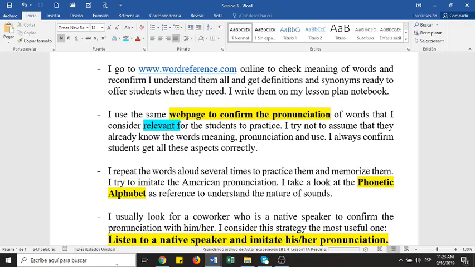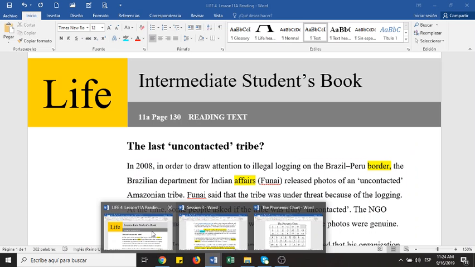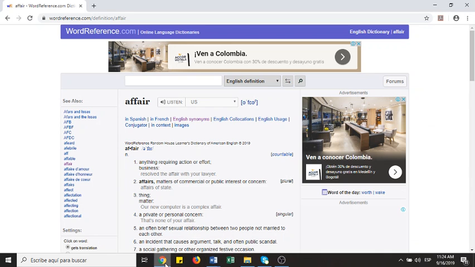That's what I do. When I am at home or in the office, I use WordReference. I listen to this, affair, and I repeat it several times. So in that way, I try to at least guarantee for myself that I'm getting ready for the class with the material, the words, the meaning, the vocabulary, and just get ready for the students, even for words that I know.